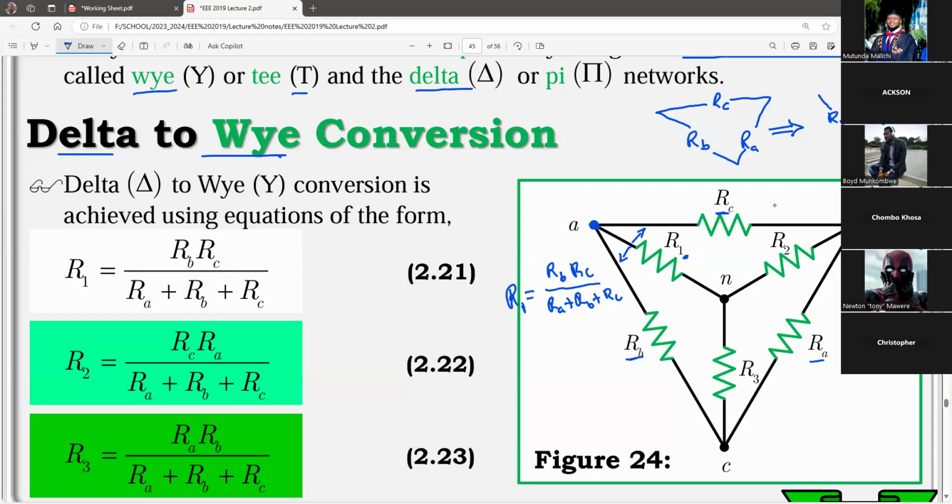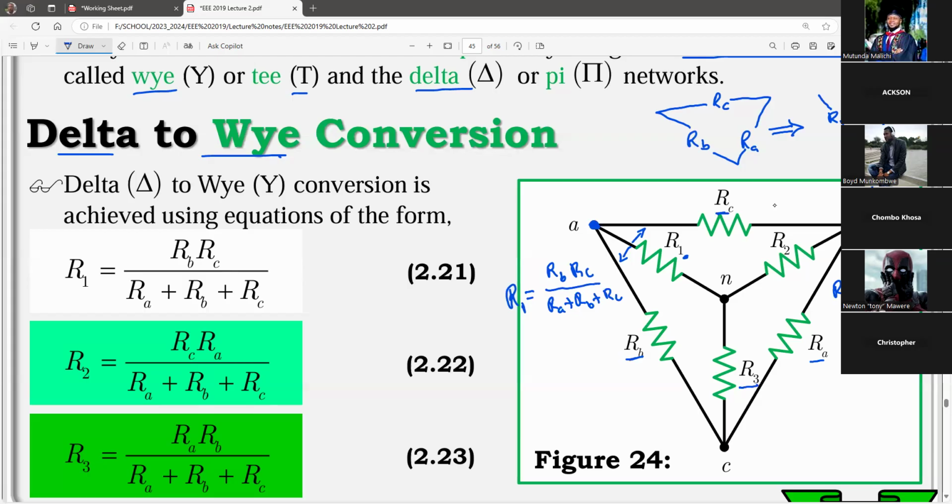Also, if you come to determine what R2 is, R2 is connected to point B of the delta. But what are those two resistors that are connected to B, that are in delta? We have RA, RC, divided by RA, RB, RC. Okay? Equally, you do the same for R3.